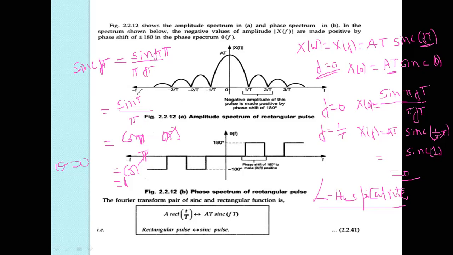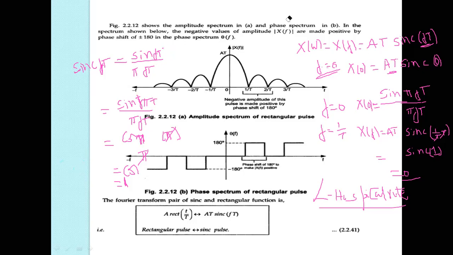And sine pi ft, with respect to f, we are applying the derivative. So pi t, sine pi ft by pi ft. For the numerator, apply the derivative with respect to f, with respect to f, my dear students.